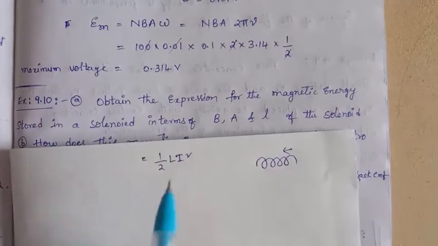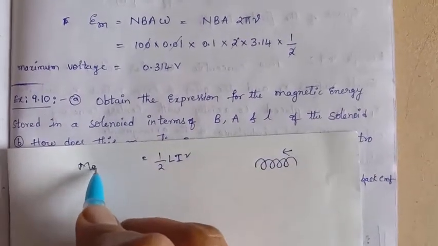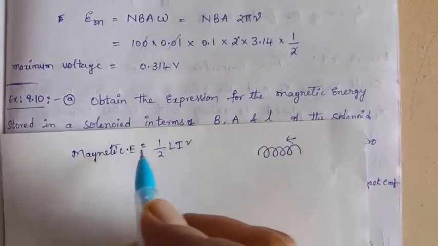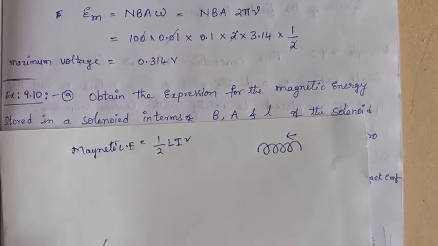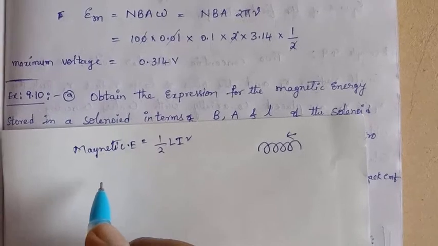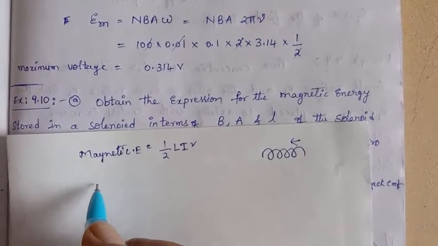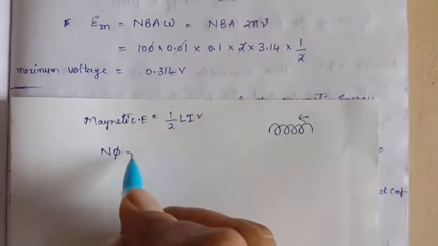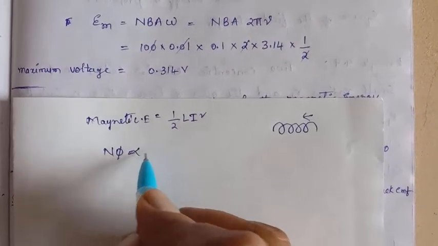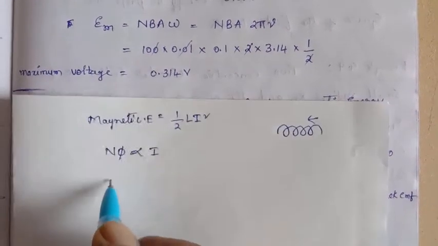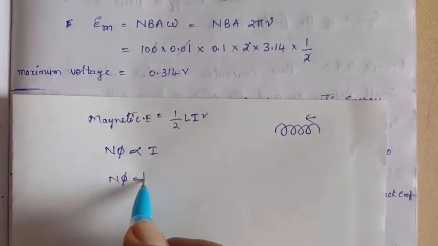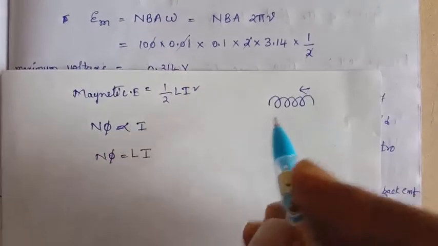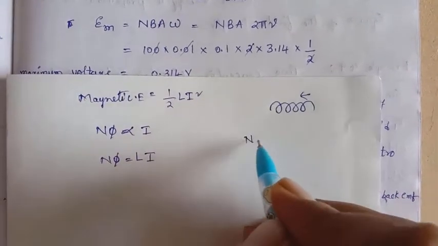So the magnetic energy is equal to half Li square. For a solenoid, the self inductance: N phi is directly proportional to I, and N phi is equal to L into I. For this case, how are the capital N and small n related?